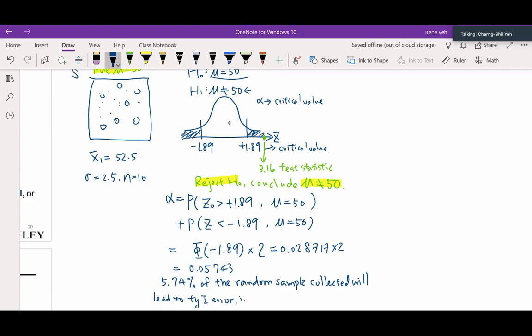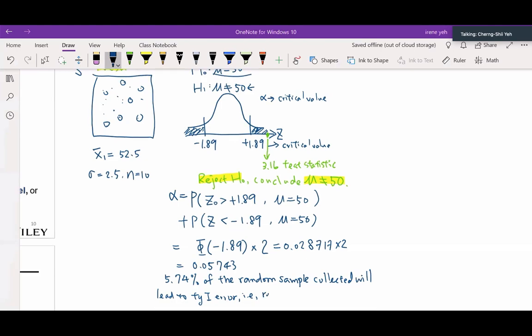In other words, we will reject my null hypothesis when it is false.